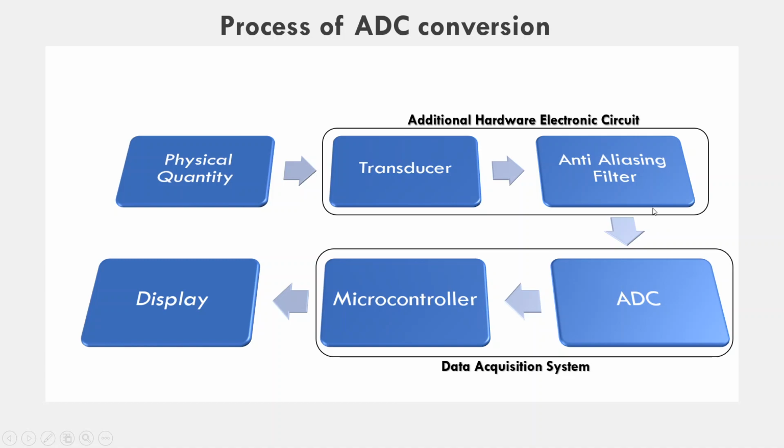The output of this analog circuit is given to the ADC as input, and the ADC converts that analog signal into binary values, which become the input to the controller. It processes the data and, as per the program, displays the results on the display units.